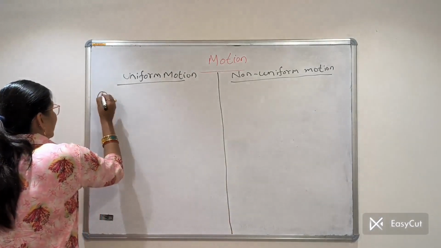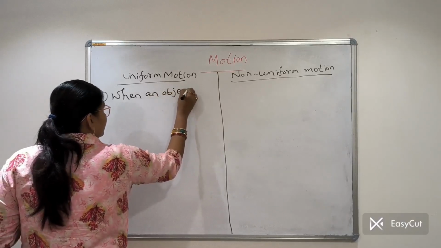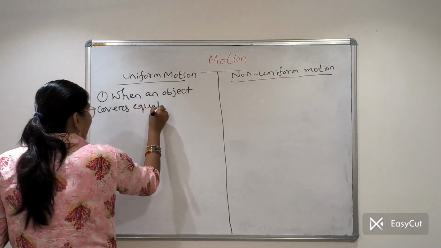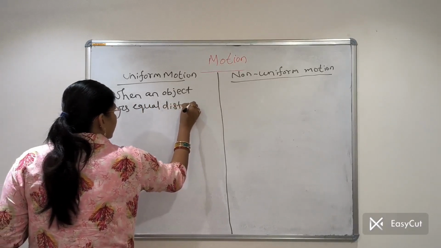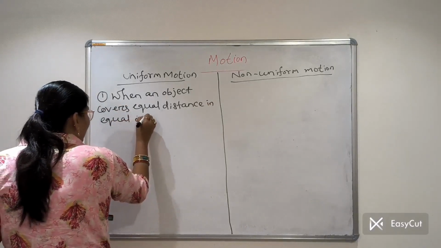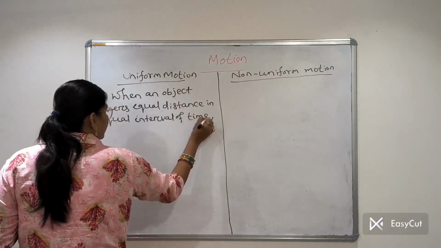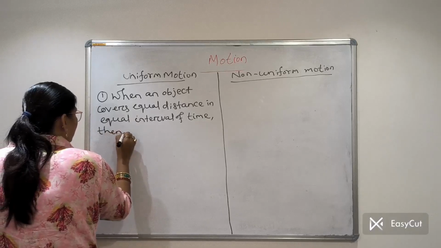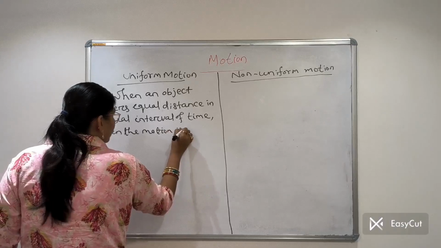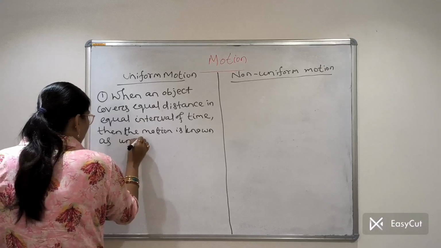Then write down the first point. When an object covers equal distance in equal interval of time, then the motion is known as uniform motion.